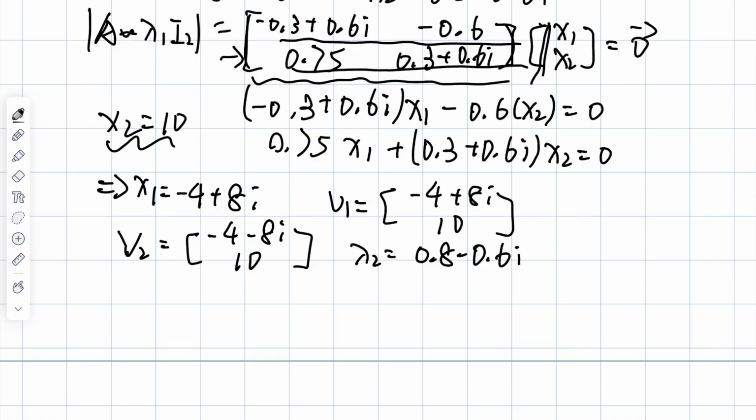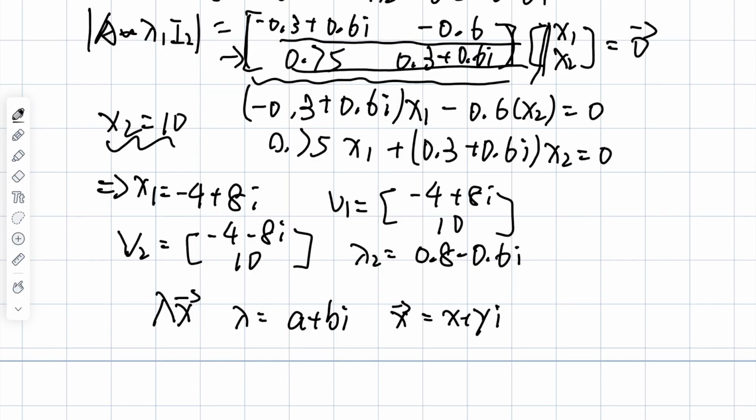Why do we need the eigenvectors and eigenvalues? Multiplying by a complex number, what does that mean? Well, let's see lambda x, where lambda is some random complex number, a plus bi, and x equals x plus yi.